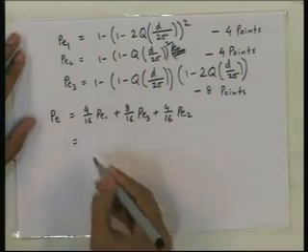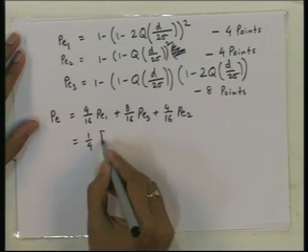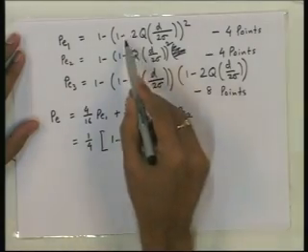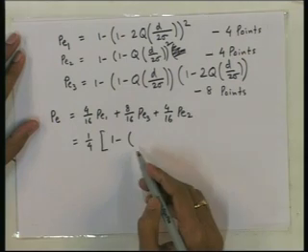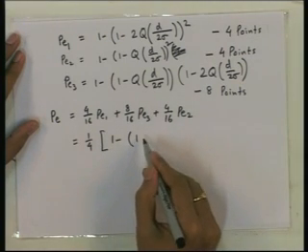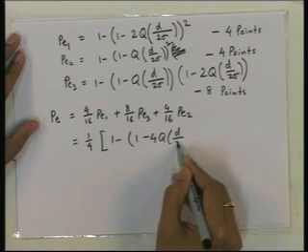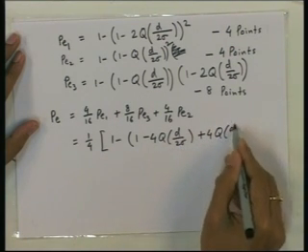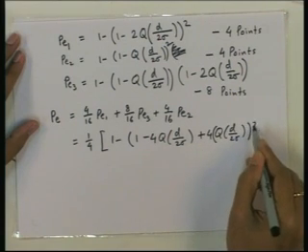So, let us just write this down. This is 1/4 times 1 minus, let us expand the square. This will be 1 minus 4 times Q(d by 2 sigma) plus 4 times Q(d by 2 sigma) whole square.